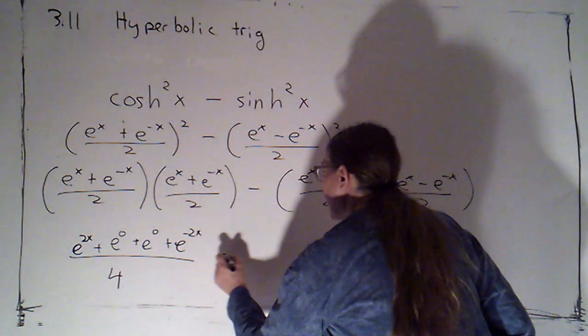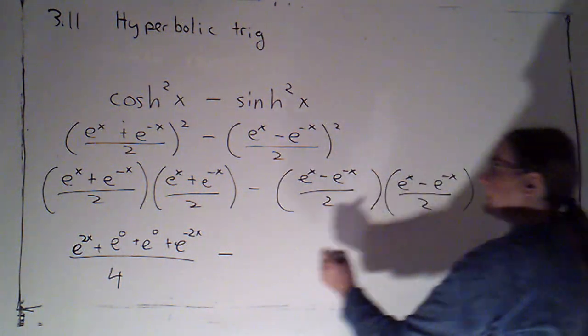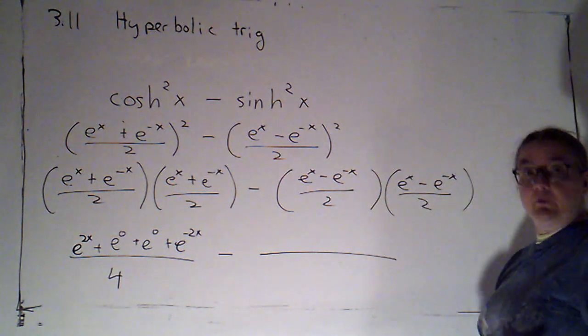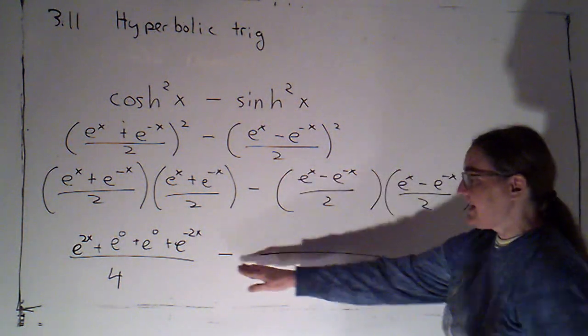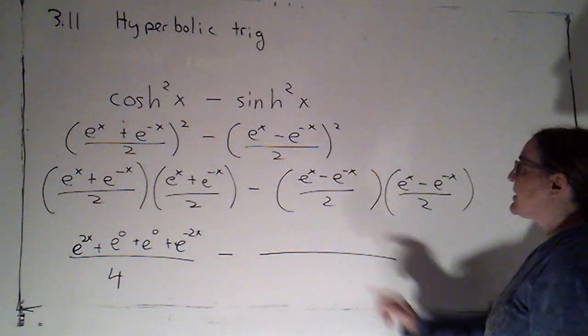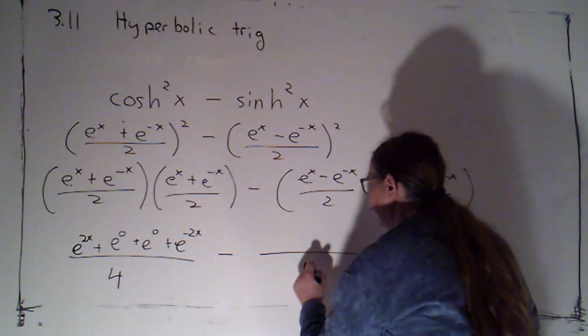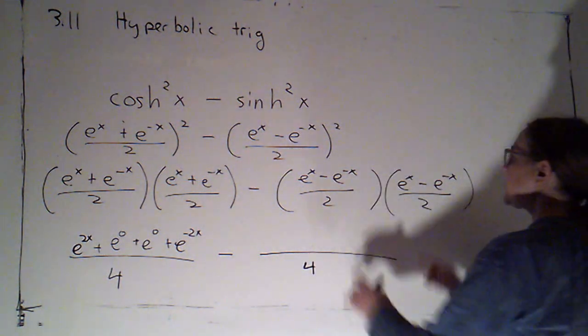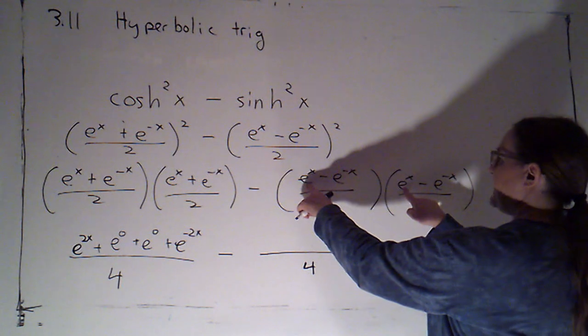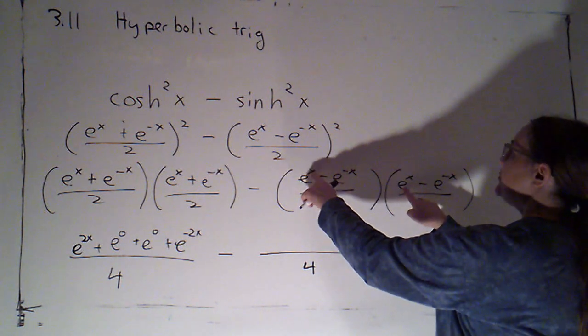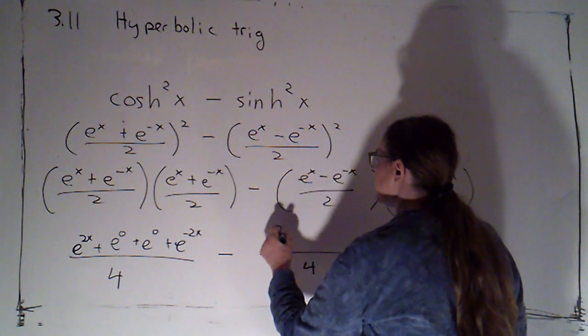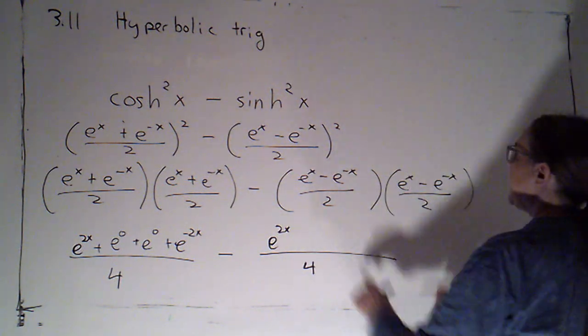Now I'm going to be subtracting everything that I get here. I'm going to write that as just a single fraction, so it'll be clear that that negative applies to the whole thing. Again, 2 times 2 gives me 4 on the bottom. We FOIL. e to the x times e to the x is e to the x plus x, or e to the 2x. Okay.